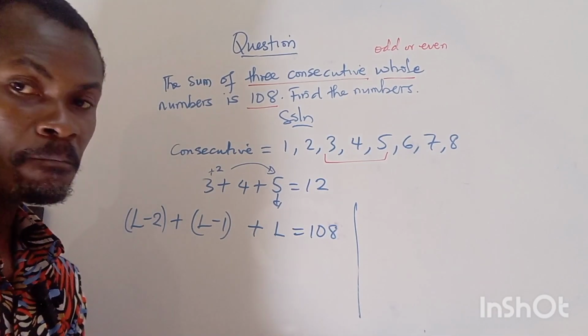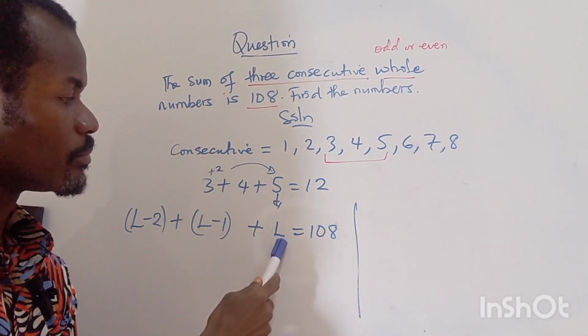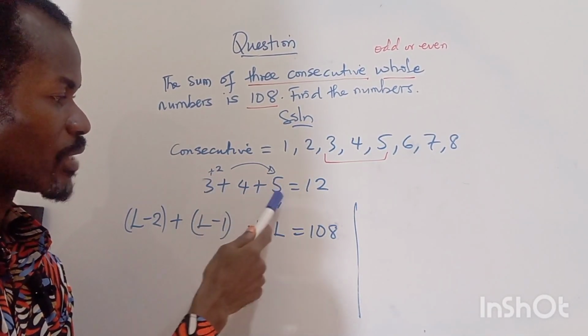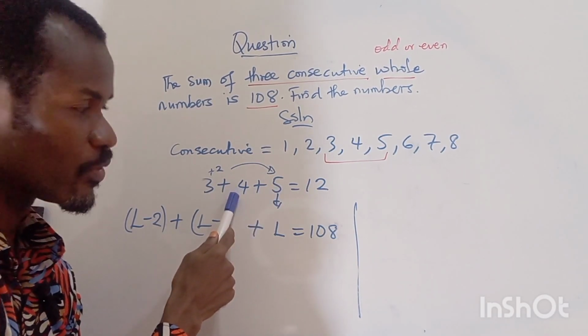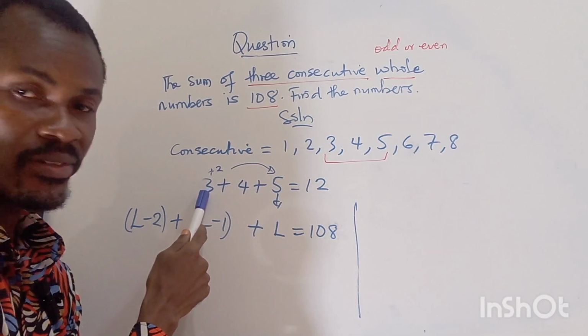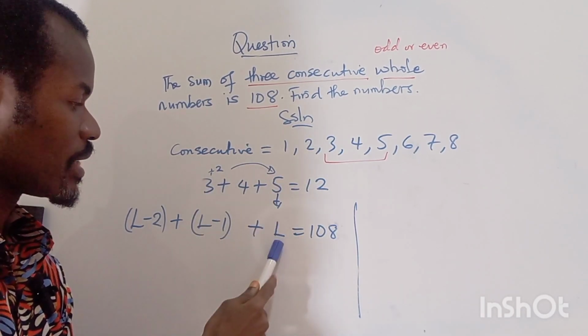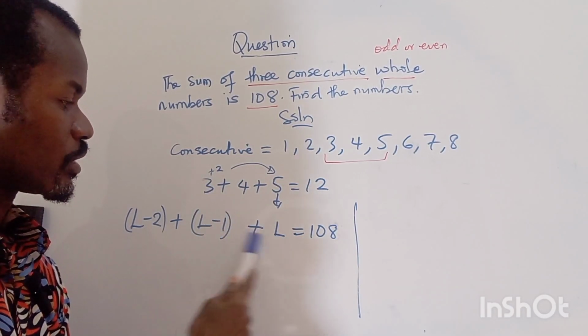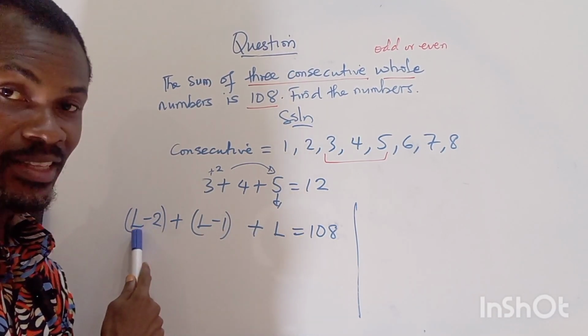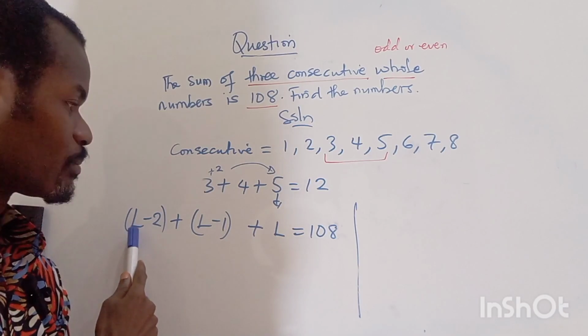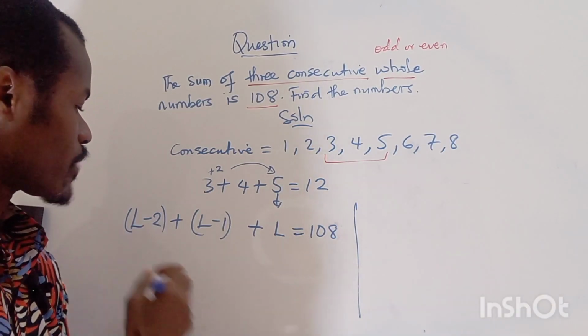Okay, because if you're starting with this number, these other numbers were as a result of 5 minus 1 is 4, 5 minus 2 is 3. So if this is L, this number is going to be L minus 1, and this first number is going to be L minus 2. Okay, let's remove the brackets and solve.